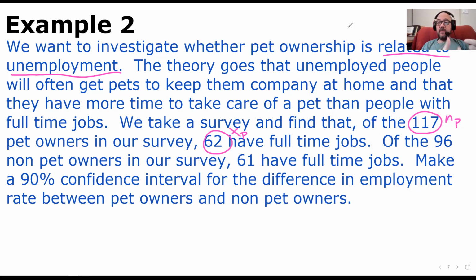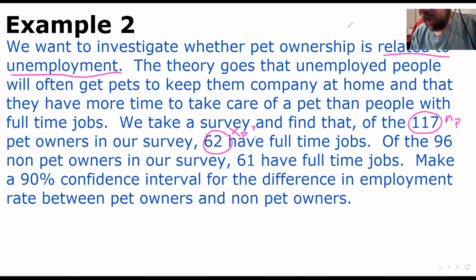I'm going to use 55 for the unemployed people, right? I'm trying to determine if pet ownership is related to unemployment. Now you could certainly use 62 as X sub P if you wanted to, and then you're just investigating whether pet ownership is related to employment, which is pretty clearly the opposite of unemployment. So either way. So this is not quite X sub P, it's a little question mark.